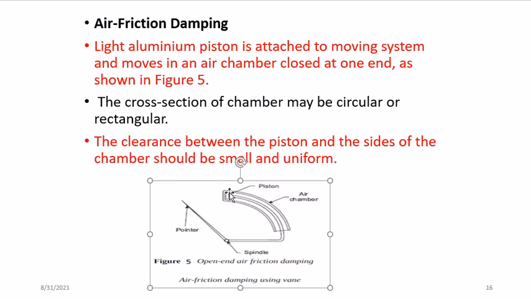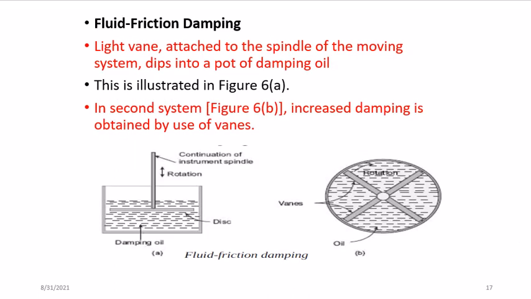So the cross section of the chamber can be circular or rectangular depending on what we need. The clearance, that's the distance between the body of that piston and that arm which is going in and out, on both sides, we should make it very small and it should be uniform. That is on the right hand side, below, up, and the left hand side, the clearance must be equal, because if there is variation, the friction that the air will be producing will change the damping effect. That is for the air damping.